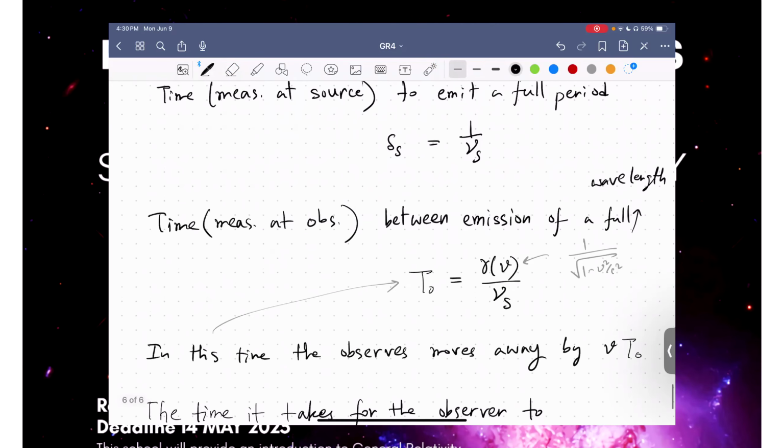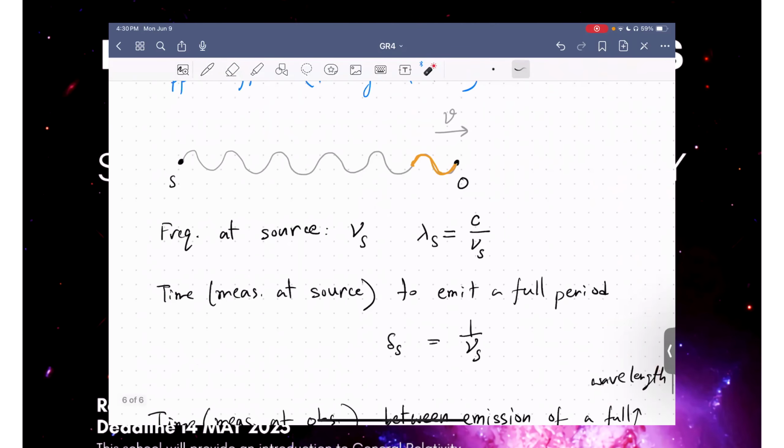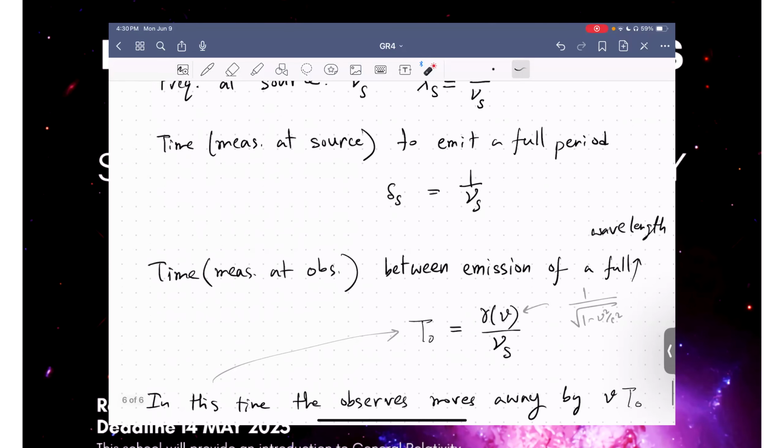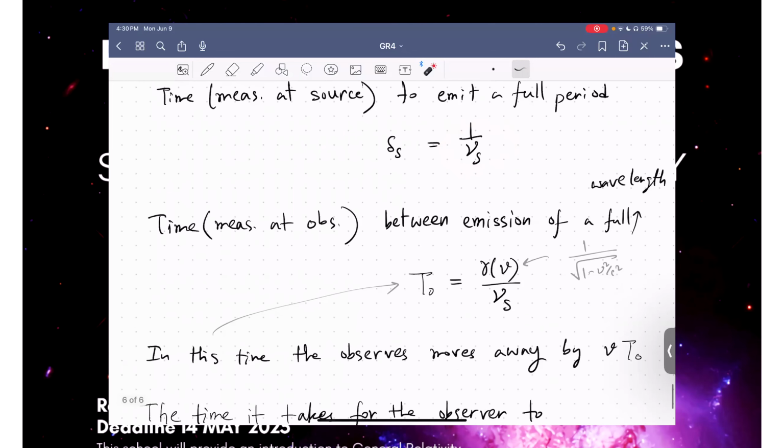Imagine a situation where you have a source that signals the beginning and end of emission of a full period, which was measured at the source to be 1 over ν_s.